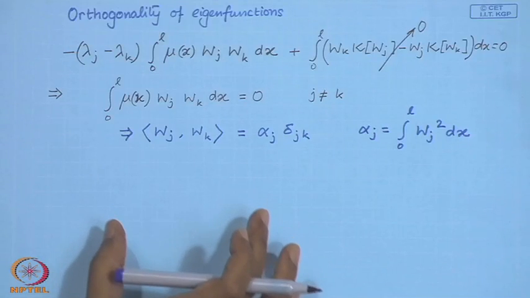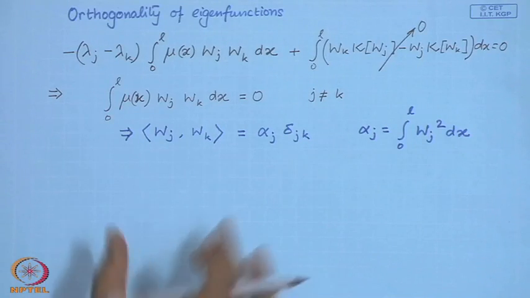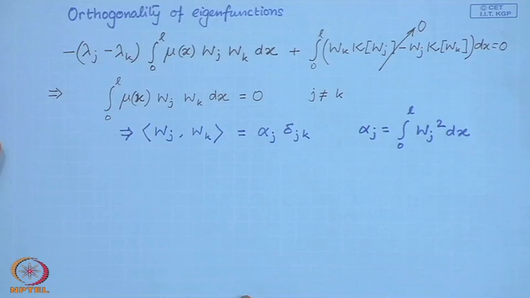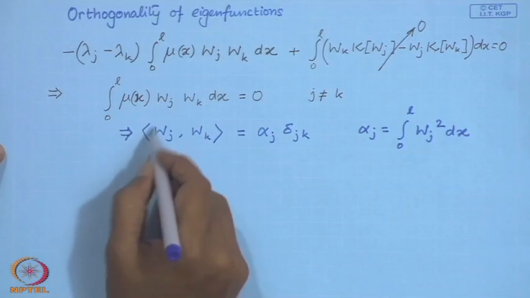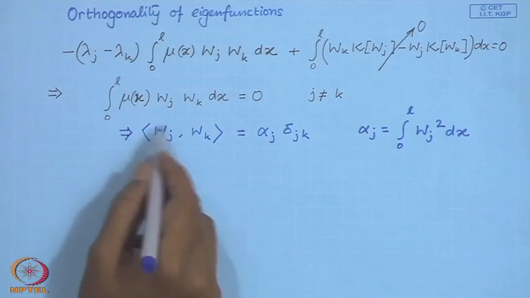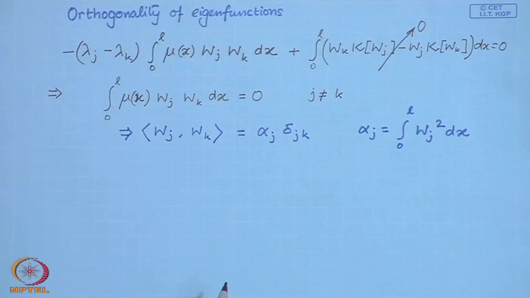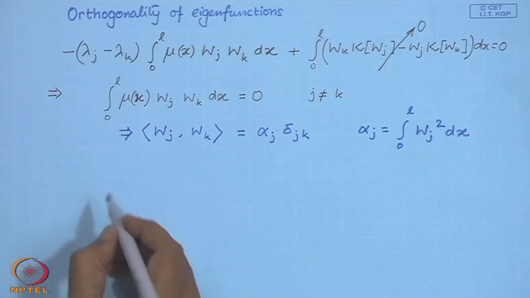Now, one may normalize this property by appropriately scaling the eigenfunctions, because any scaled form of an eigenfunction is also an eigenfunction.